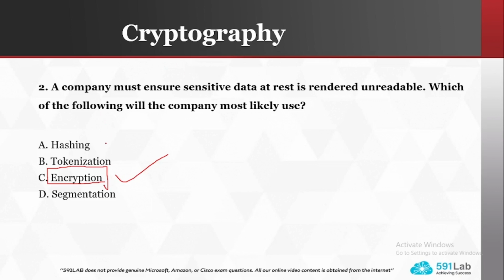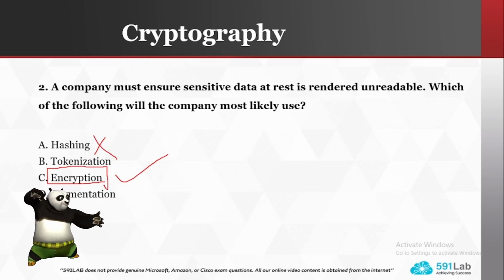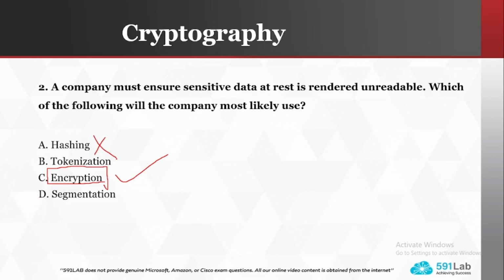So hashing could not be the answer. Hashing could not be the answer because it's simply a process of creating a unique, fixed-length string or hash from data input. But this is not reversible. It is irreversible. It's primarily used for integrity verification and password storage. So this is not specifically used for protecting data confidentiality at rest.